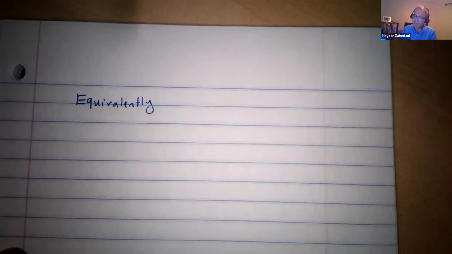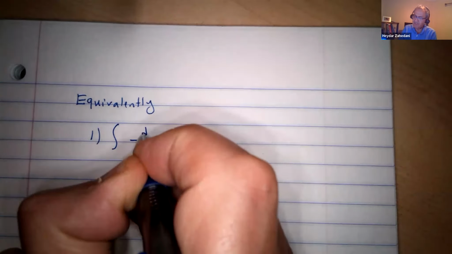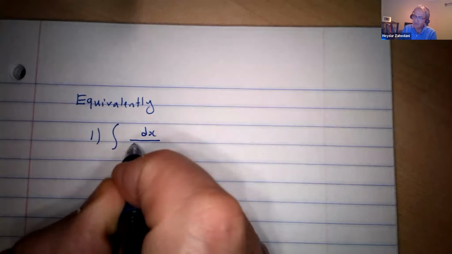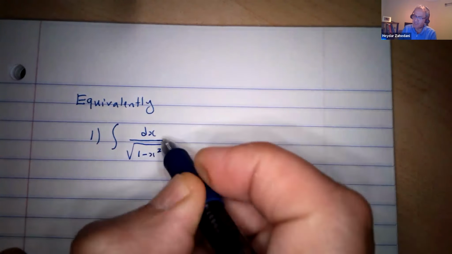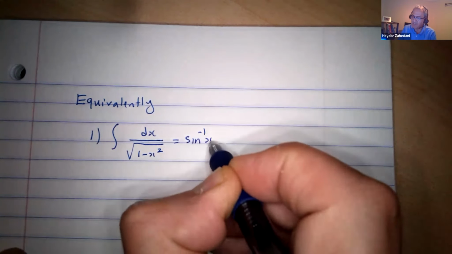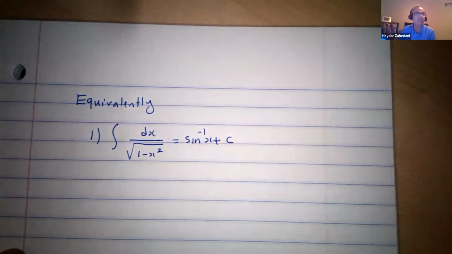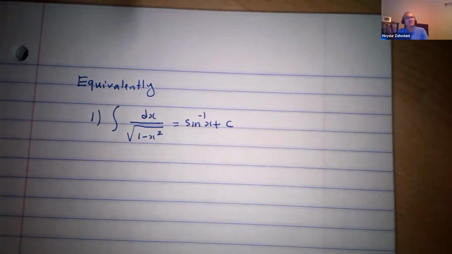Equivalently, if you have an integral of dx over the square root of 1 minus x squared, this is simply sine inverse of x plus c. Again, very famous formula. As soon as you see this integral, you should recognize that it is the sine inverse one.